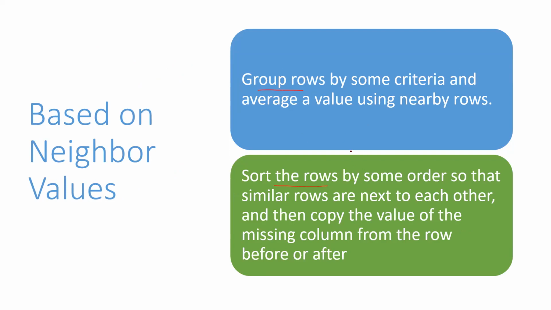We can look at what value we can impute in the missing field based on grouping, aggregation, or sorting. We can check the neighbor values and impute that value in our missing field.